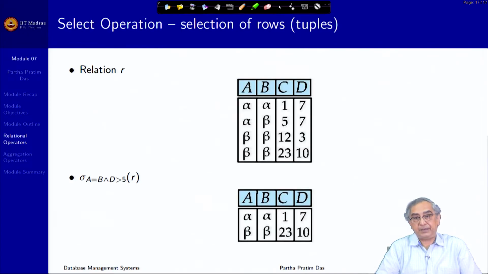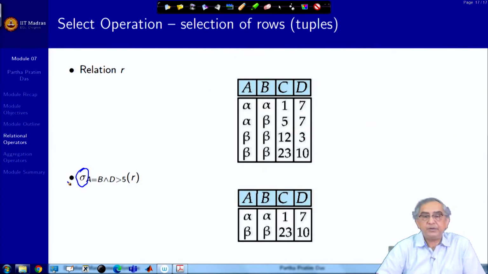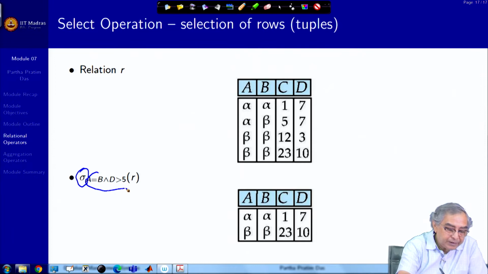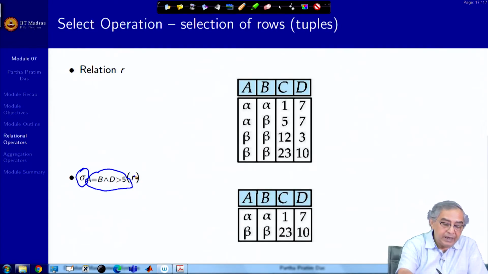First is called select, and as the name suggests, the select operation selects a subset of rows from a relational instance which satisfy a particular condition. Select is written in terms of the Greek sigma. It has as a subscript a Boolean condition, which every tuple being selected from the original relational instance must satisfy, and this is the name of the relational instance.